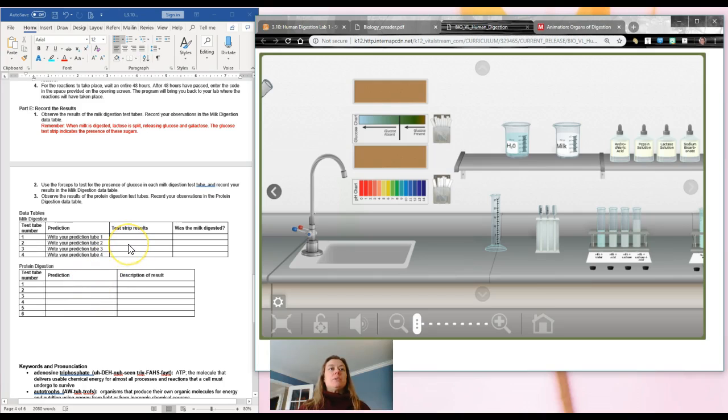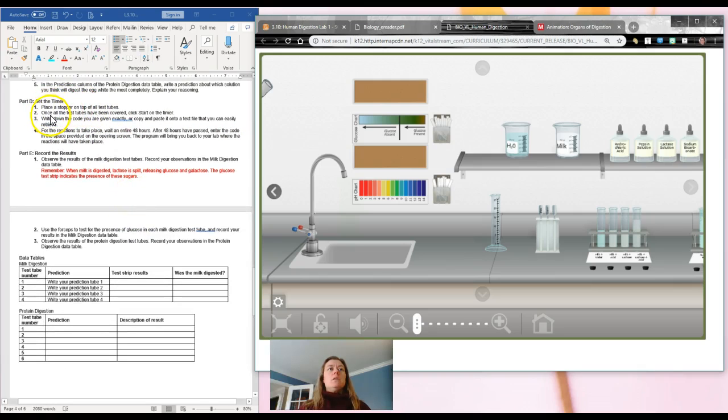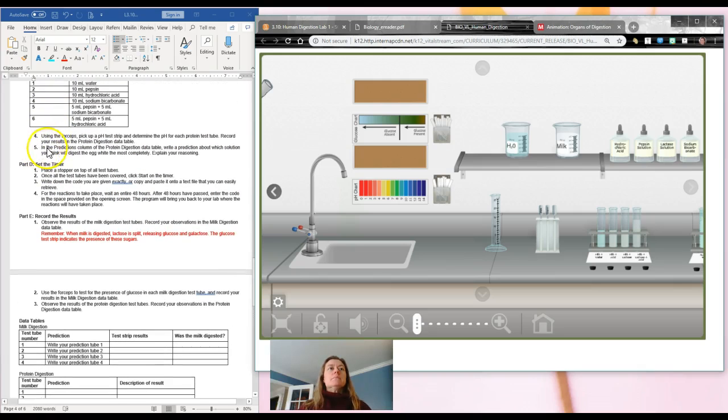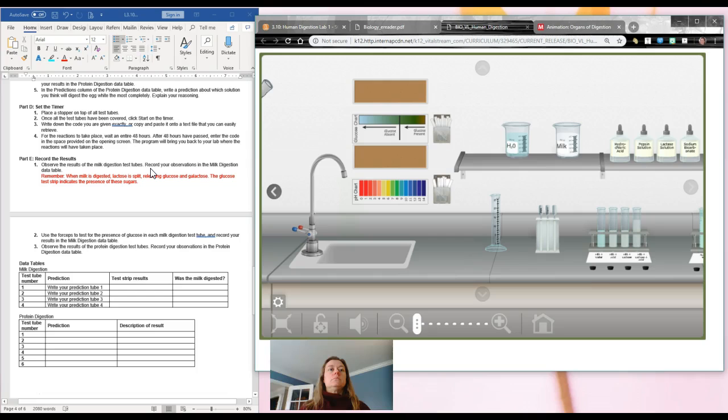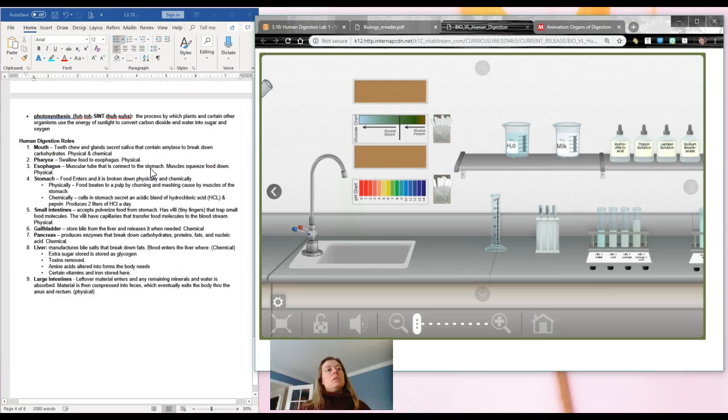So the test strip results. Okay. What does it say? Record in the protein digestion data table. Huh.